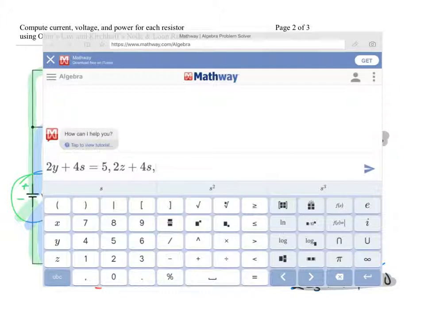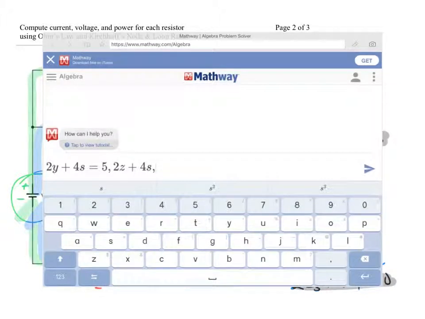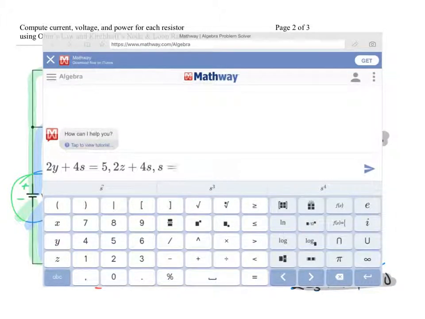So that means S equals, what was it, I2 plus I3, so Y plus Z. And yes, you didn't set that second equation equal to anything. That needs to be equal to 10, I believe. There we go, thank you.